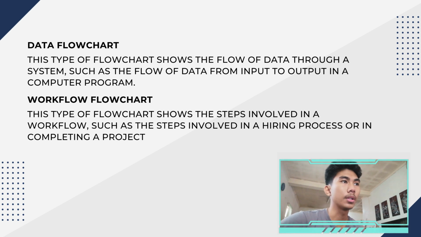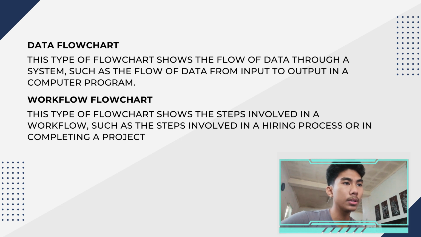Next, the workflow flowchart. A workflow flowchart is a graphical presentation of a workflow that shows the steps involved in completing a task or a process. It is used to document, analyze, and improve workflows. In a workflow flowchart, each step is represented by a symbol such as a rectangle for a process or a diamond for a decision.